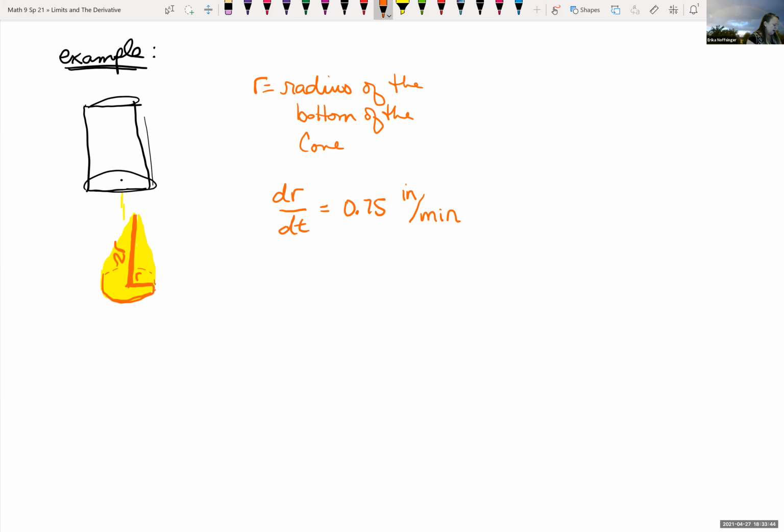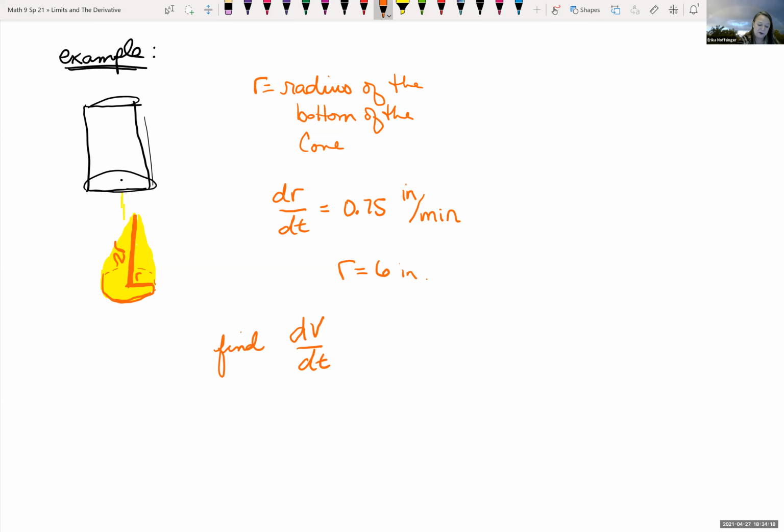We want to find the rate at which the volume of the pile is increasing at the instant the radius of the base is 6. So we want to look at this when R equals 6. And we want to see the rate of change of the volume. So we want to find dV/dt when R is 6.